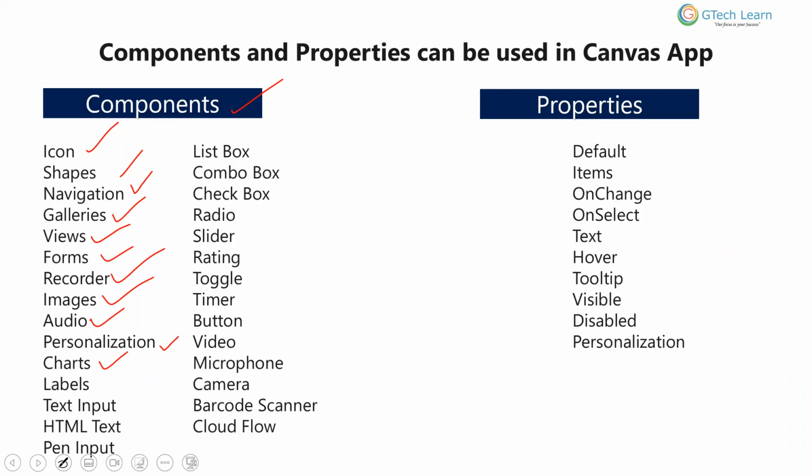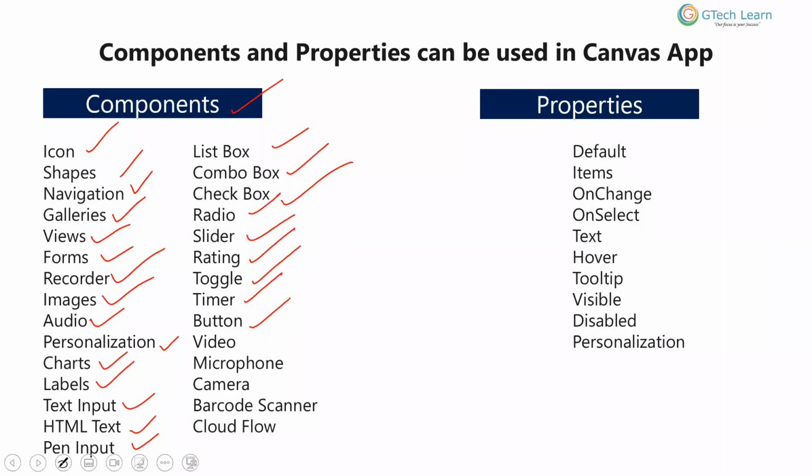We can also insert some charts, some labels, some text input, some HTML text input. We can also have some pen input, the list box, combo box, checkbox, radio, slider, rating, toggle, timer, button. So these are going to be the components, and apart from them we also have a lot of other components that can be utilized.